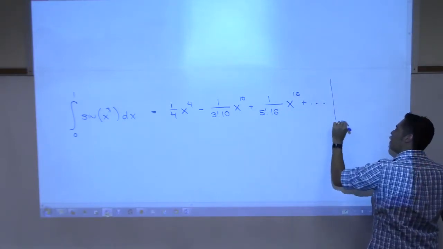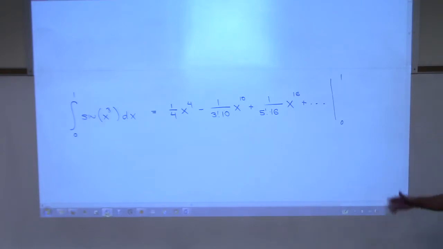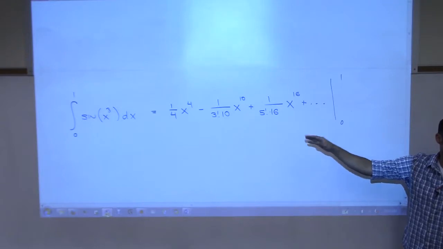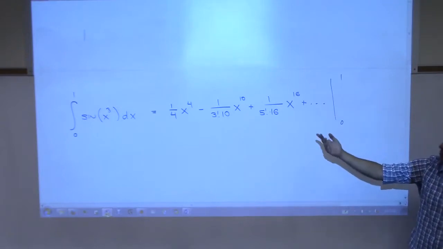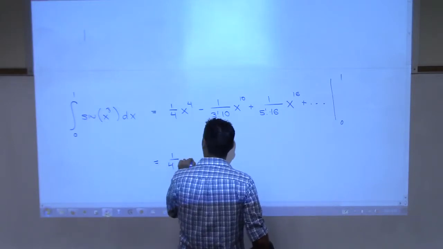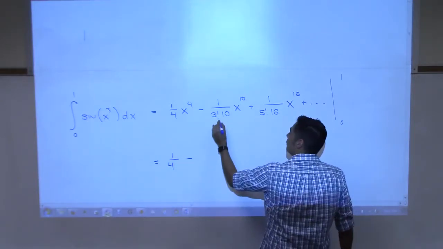And I would evaluate it at 0 and 1. Plugging in 0 would wipe everything out, so that won't matter. Plugging 1 in, this would just be 1/4 minus 1 over 3 factorial.